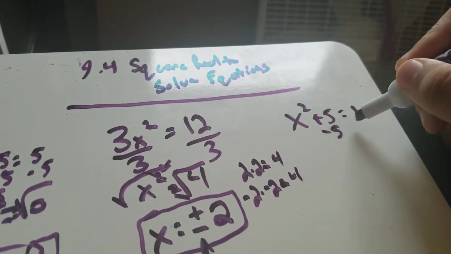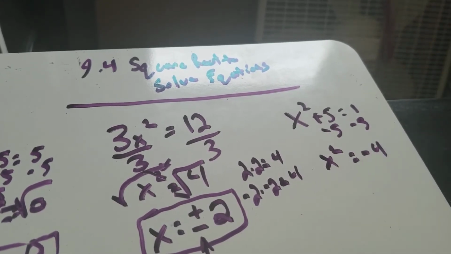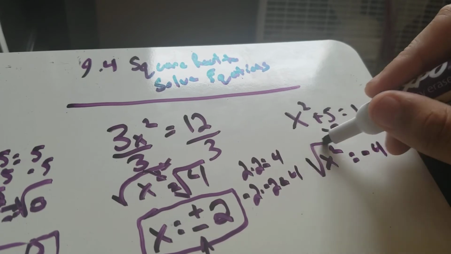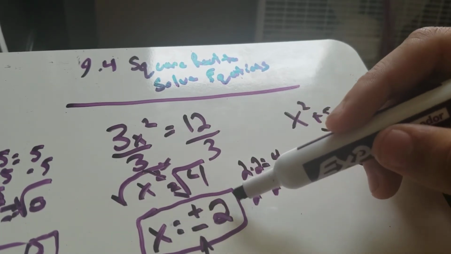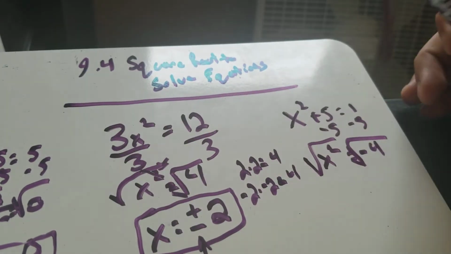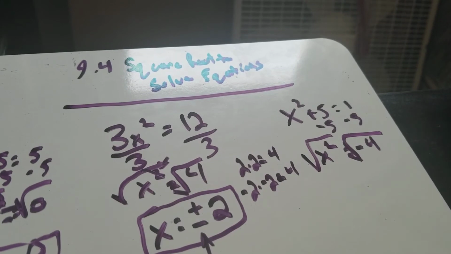Well, minus 5 minus 5, we have x squared equals negative 4. All right, I want to square root both sides. But, like I said, a positive number gives you 2 solutions. 0 gives you 1 solution. So negative 4 is going to give you a certain amount of solutions. And the answer is no solution.